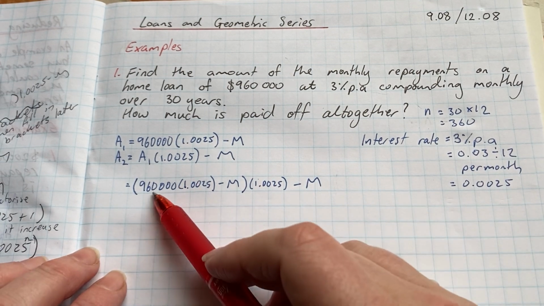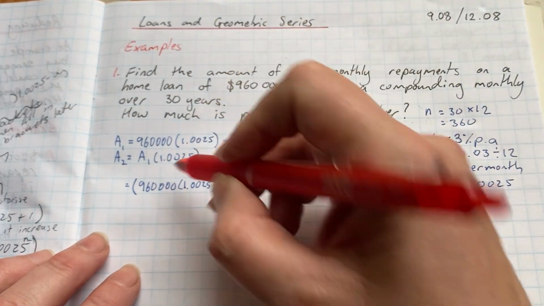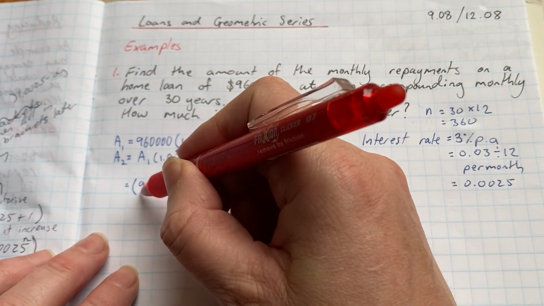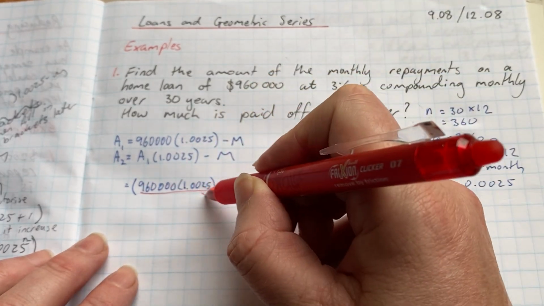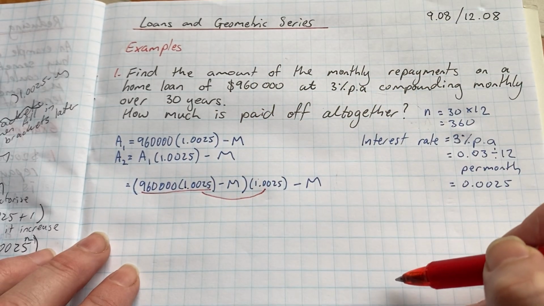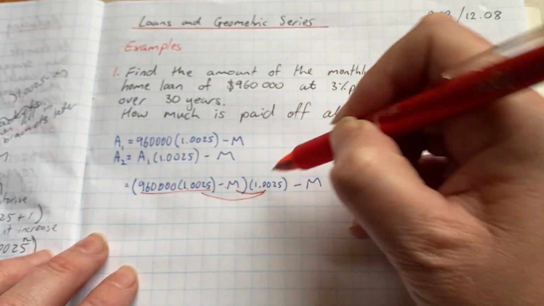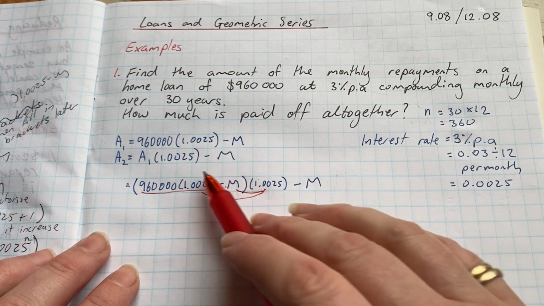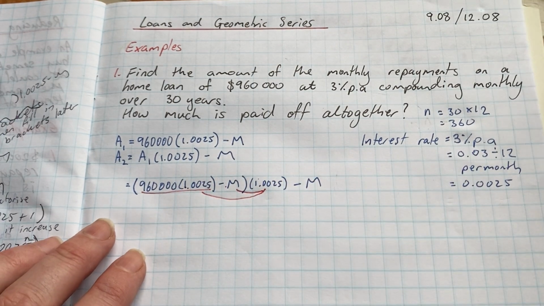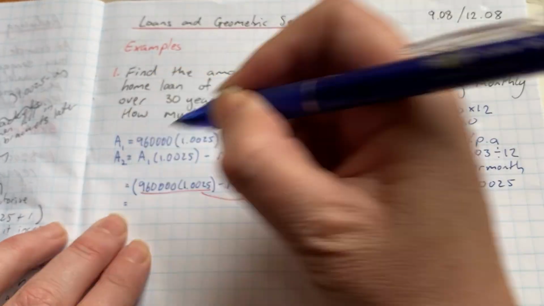Okay, and then we just need to expand these brackets. So it's this whole thing here multiplied by that, and the M as well multiplied by that. So let's see what that gives us.